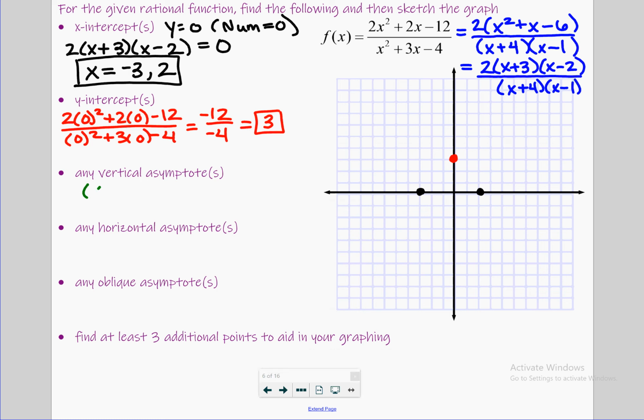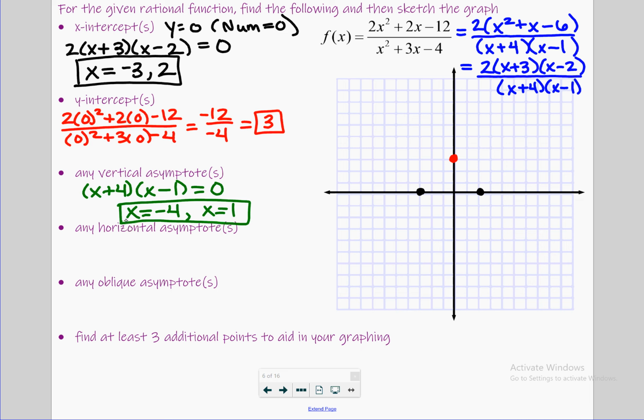Okay. Vertical asymptotes, where do those come from? Denominator, which we already factored, equal to 0. What are the vertical asymptotes? Good. And make sure anytime you're listing an asymptote or like the line of symmetry, there better be an equation, either x equals or y equals. Vertical asymptotes are x equals, horizontal asymptotes are y equals.